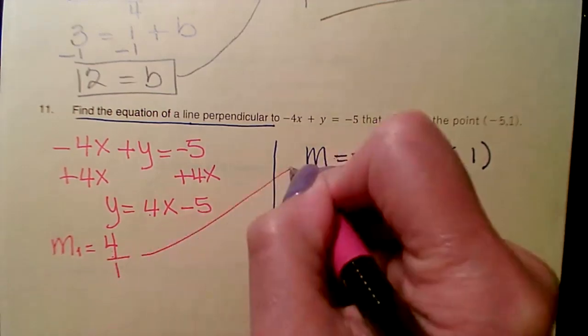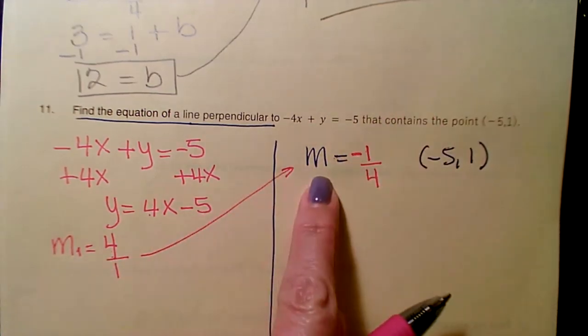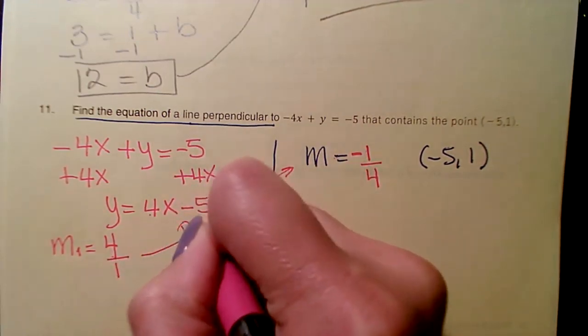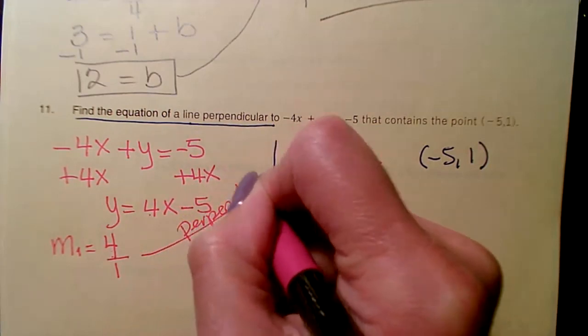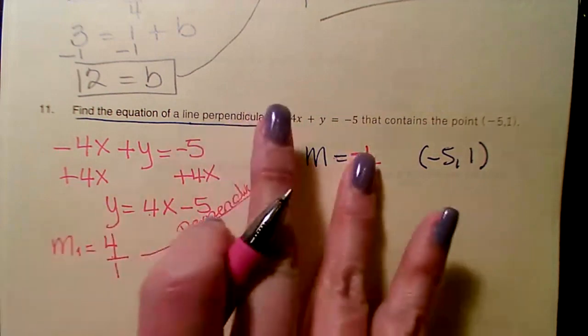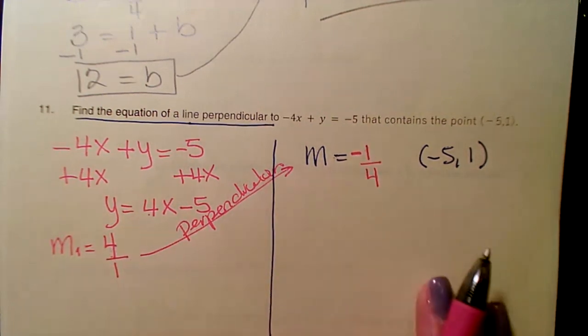That's the perpendicular line. This one has this slope because it's perpendicular to this one. The slope, in order to be perpendicular, needs to be opposite signs and reciprocal. This is 4 over 1, and this one is 1 over 4.